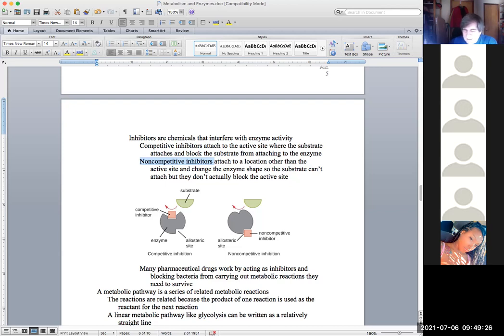A lot of pharmaceutical drugs that we use work as inhibitors. Sometimes they block bacteria from carrying out metabolic reactions, but sometimes they block your own cells from carrying out reactions.